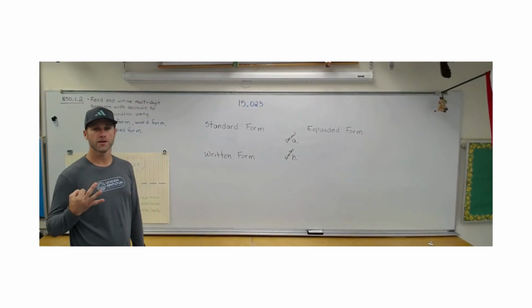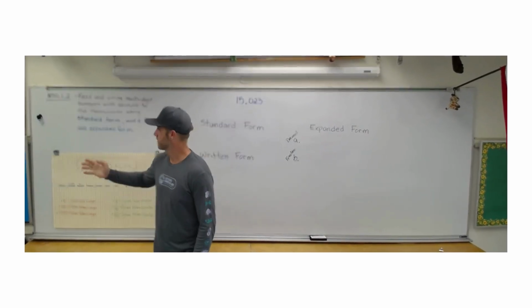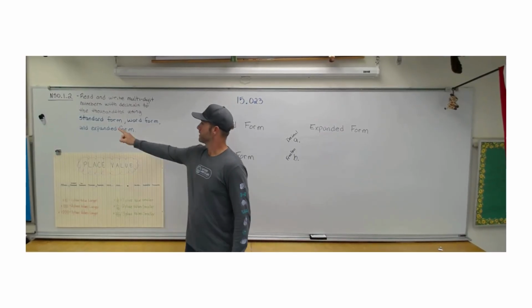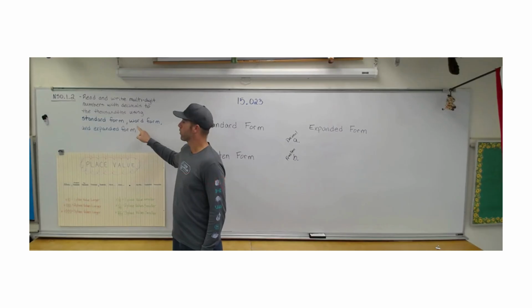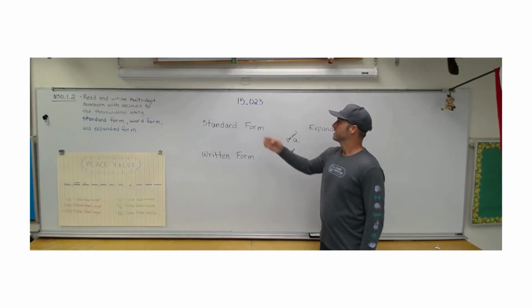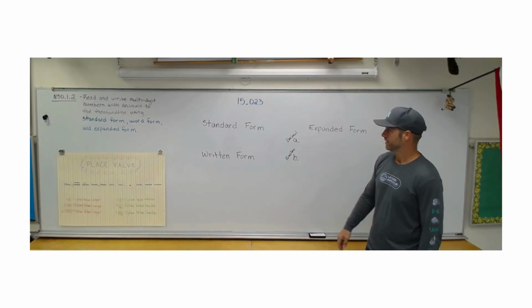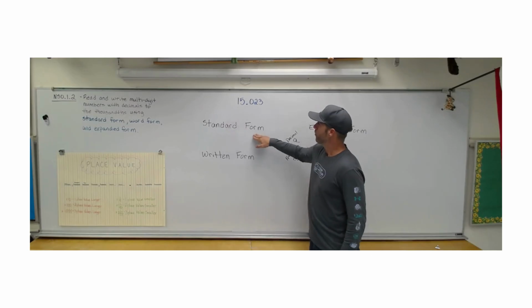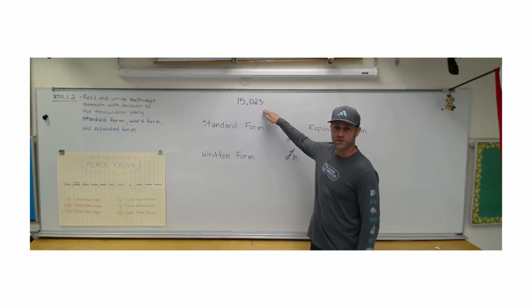So if I was to read this number correctly, I would say 223 and 12 thousandths. There are 3 things we need to understand when it comes to this benchmark, and that is standard form, word form, and expanded form. So up here I have a number that is written out, and standard form is the decimal version of the number.